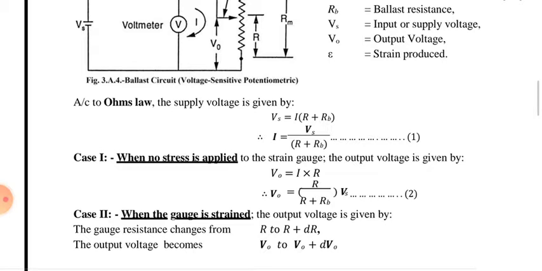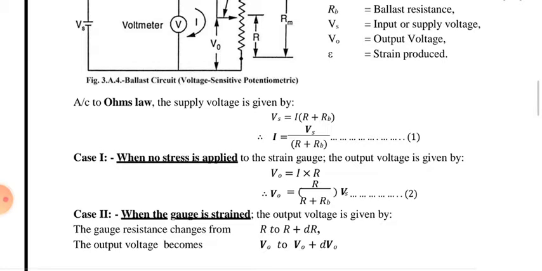That's why equation 2 becomes VO equal to R upon R plus RB into Vs. Initially it was VO equal to Vs upon R plus RB into R, but we can represent it like that, VO equal to R upon R plus RB into Vs. These are simple relations, you have gone through them most of the time, so you will understand very easily.